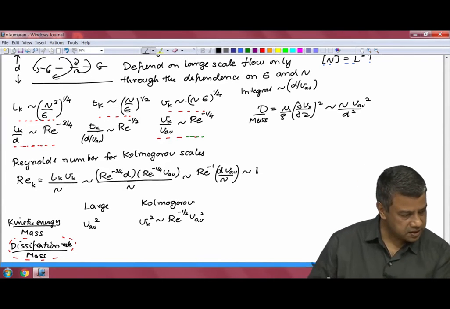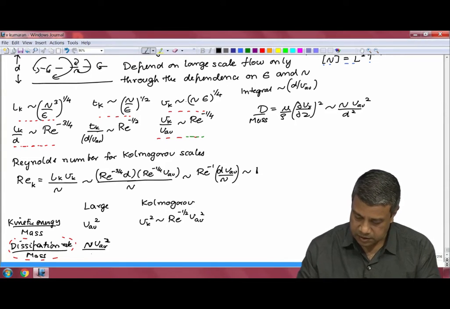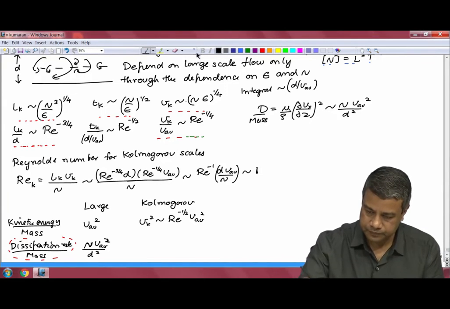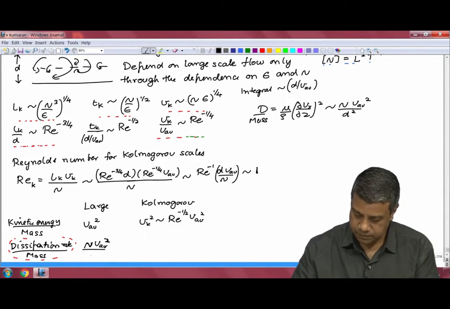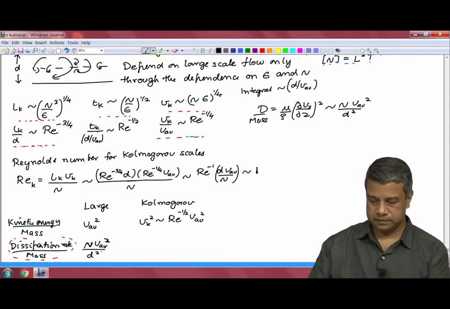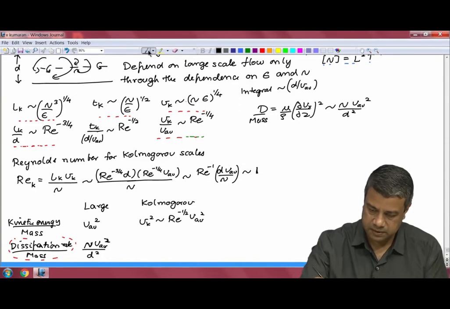So, this scales as nu times V average square by D square. What about the rate of dissipation of energy per unit volume in the Kolmogorov scales?